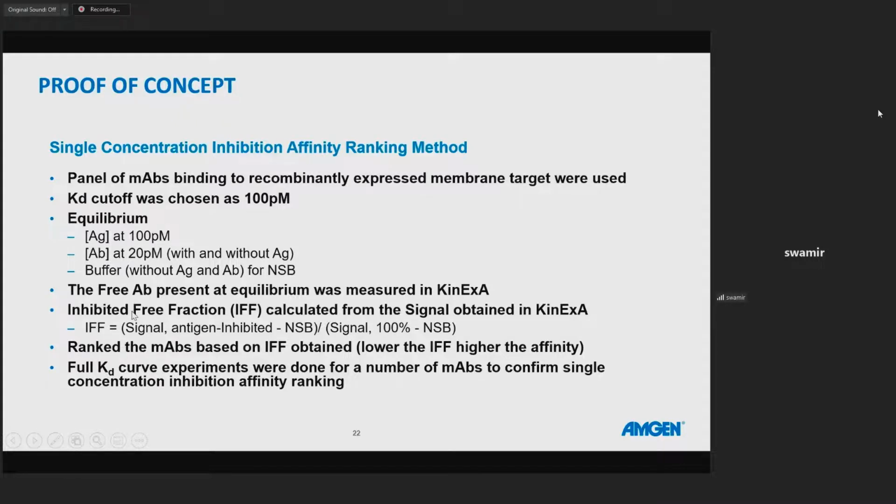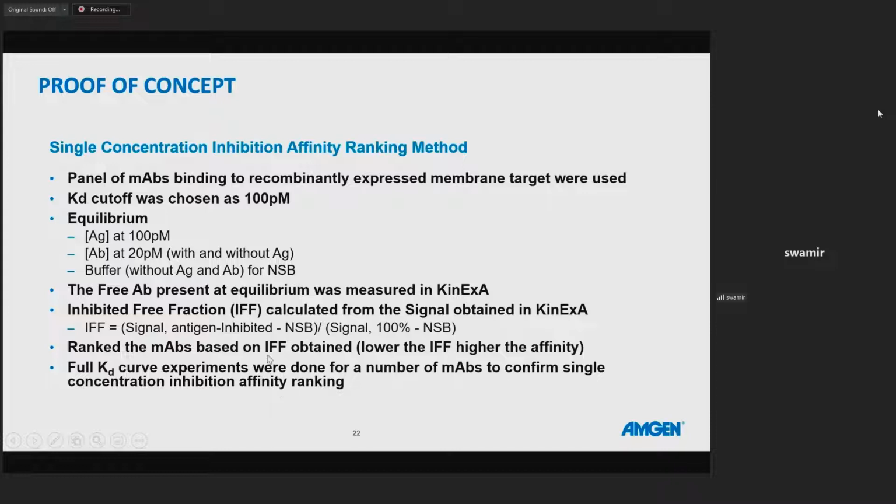Then we calculated the inhibited free fraction by determining the signal in KinExA we obtained for the antigen-inhibited sample of antibody divided by the signal obtained by the 100% antibody, and ranked the mAbs based on the inhibitory free fraction we obtained. Generally, the lower the IFF, the higher the affinity.